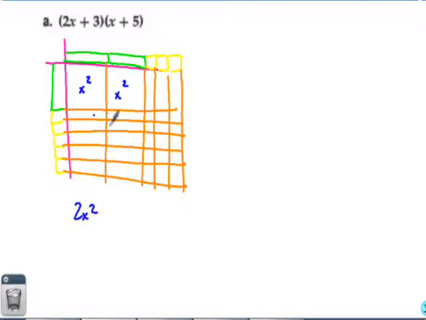I have 1, 2, 3, 4, 5, 6, 7, 8, 9, 10, 11, 12, 13x. And then I have 3 times 5, so this is 15 of just the constants. So I could draw algebra tiles and do it just like that.